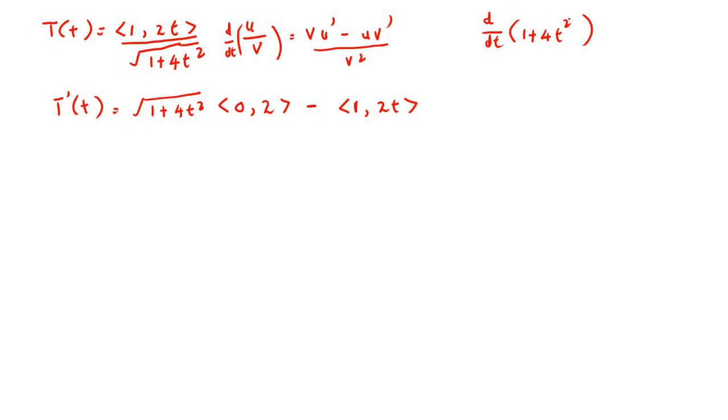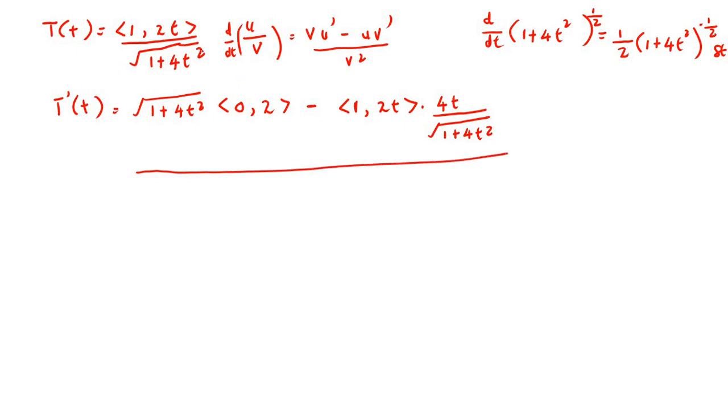The square root is power half, so for differentiation you have half times 1 plus 4t squared to the power negative half, and then d/dt of 4t squared gives 8t. So simplify, in total you have 4t divided by the square root of 1 plus 4t squared.